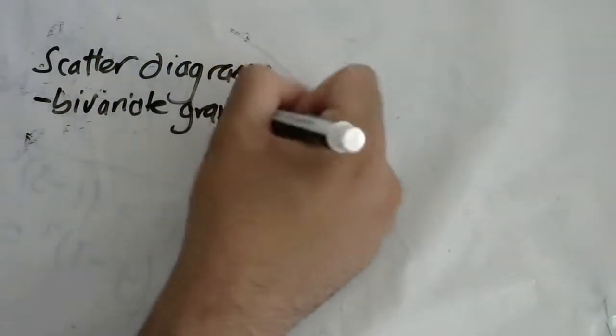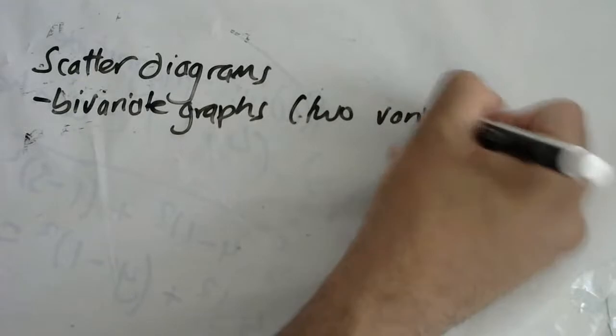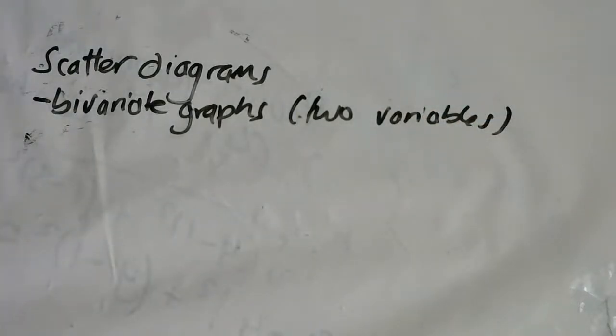There'll be something that goes on the x-axis, and something going on the y-axis. So it's 2 variables. So just be aware of that. For a scatter diagram, you've got 2 variables, and each variable's got a name.